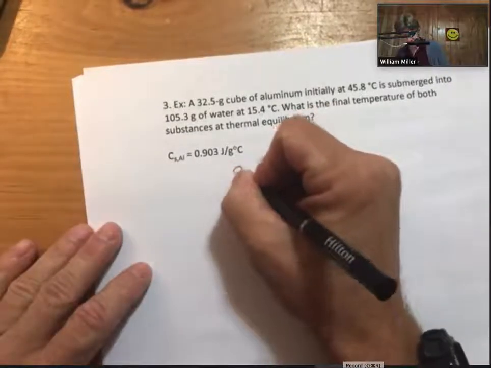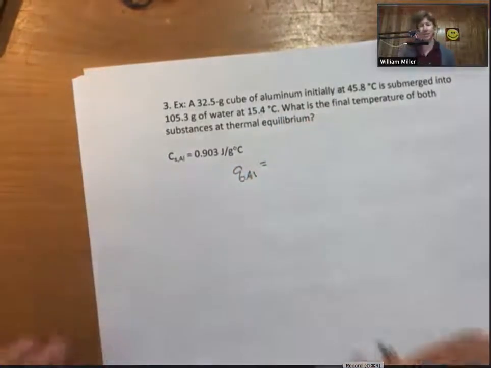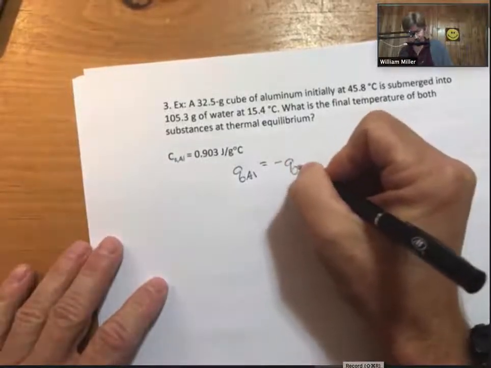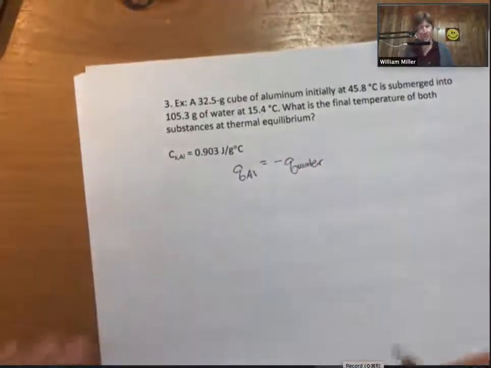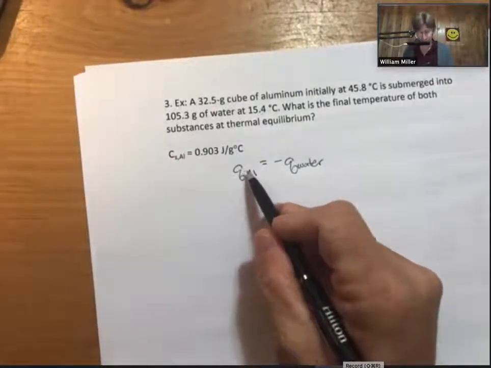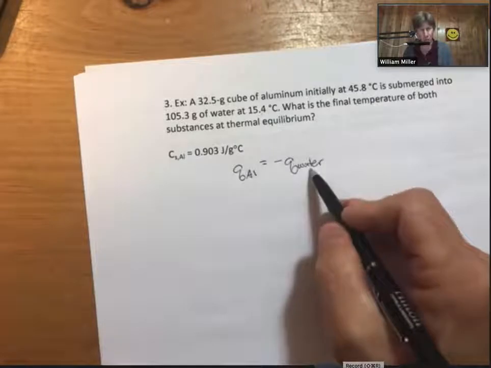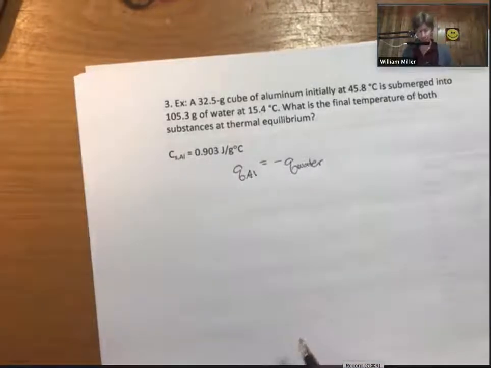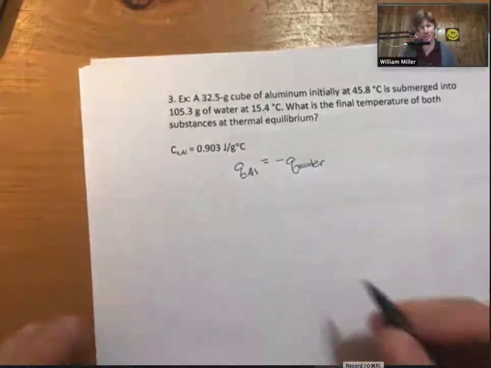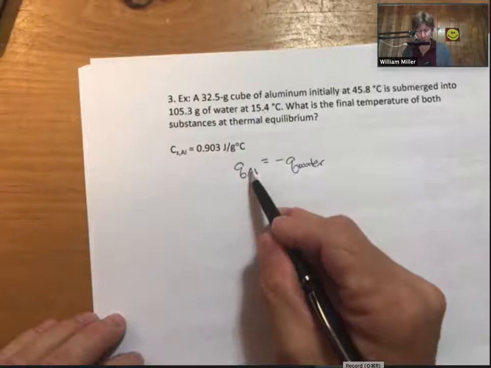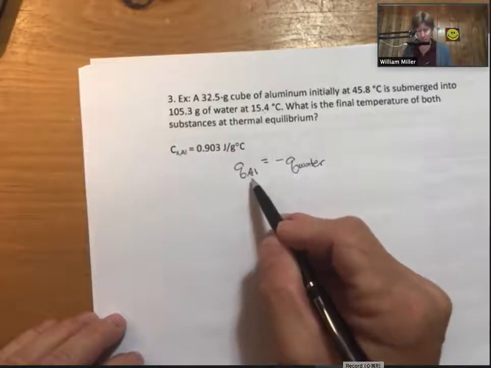This is a material, and that material will give up energy in this case, since it's the warmer material, to water. Minus sign shows the difference in direction. Now I'm going to plug everything in directly from our equations. It's going to be mass times specific heat times temperature change of our aluminum.